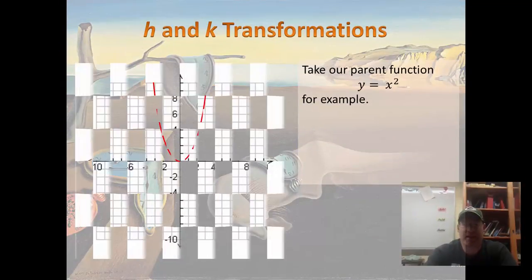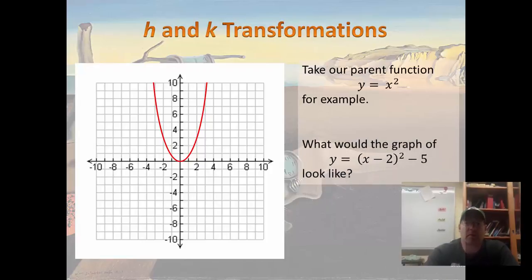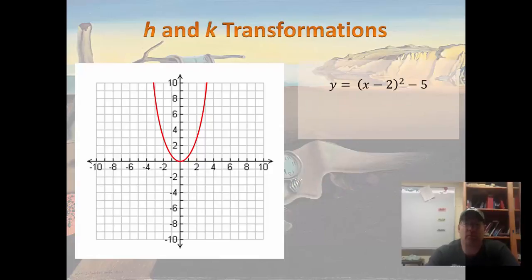So first let's take that parent function that looks like this, y equals x squared. And now let's give it an h and k transformation and see what it looks like from there. What would this graph look like? We have a vertical and a horizontal shift on it. First I want you to look inside the parentheses. That minus 2 is a horizontal shift.